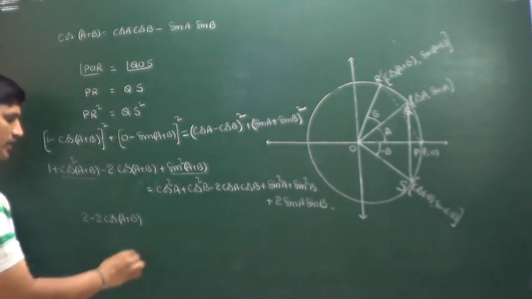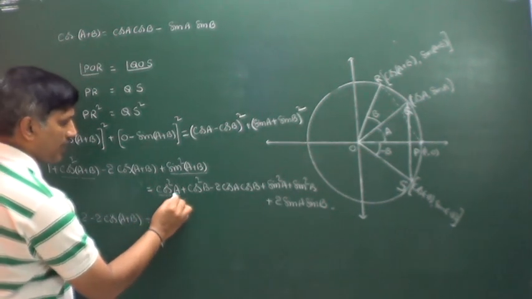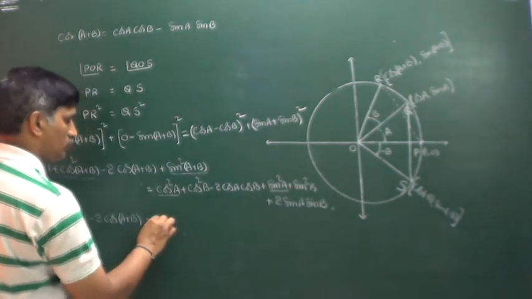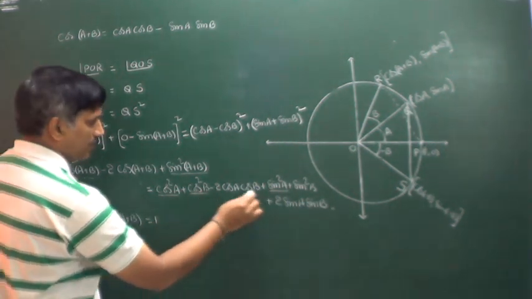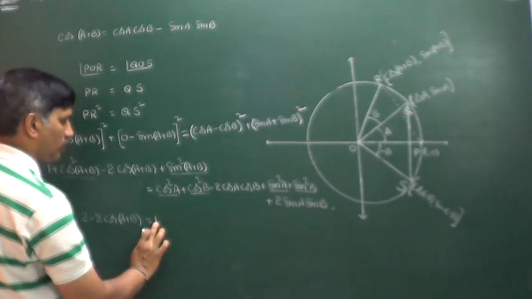is equal to cos square A plus sin square A equals 1, and cos square B plus sin square B is also equal to 1.